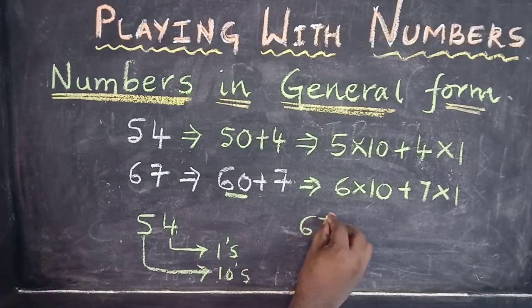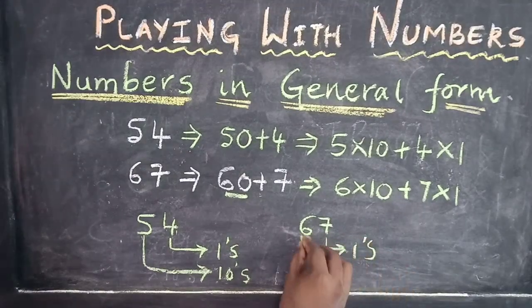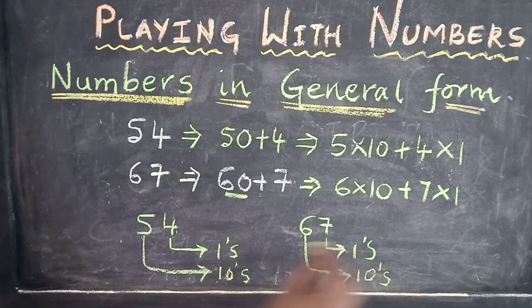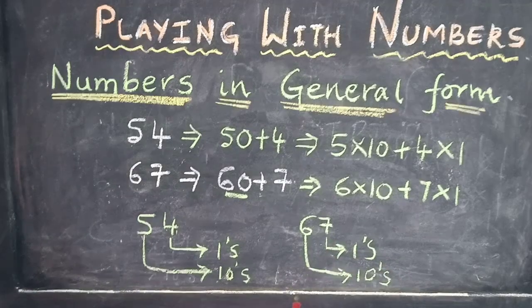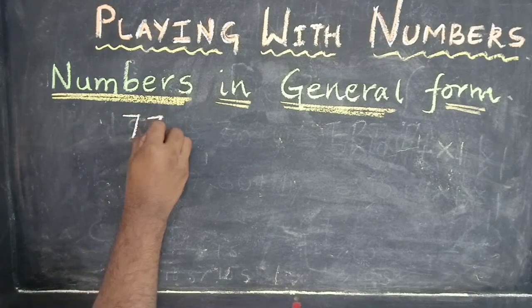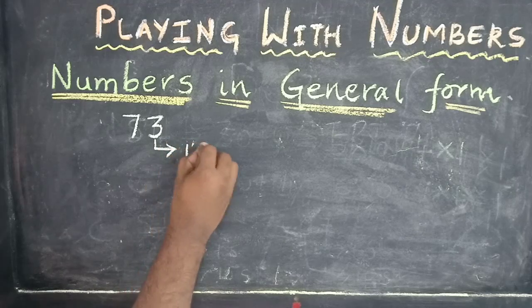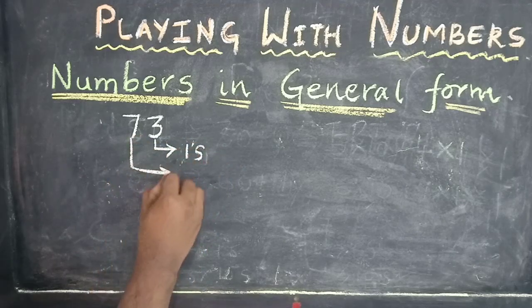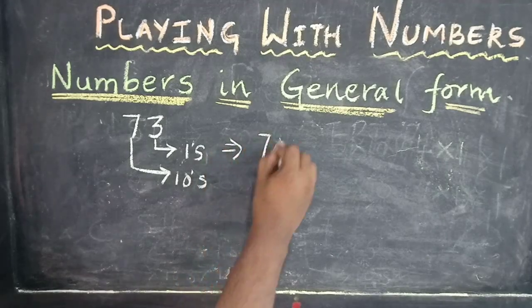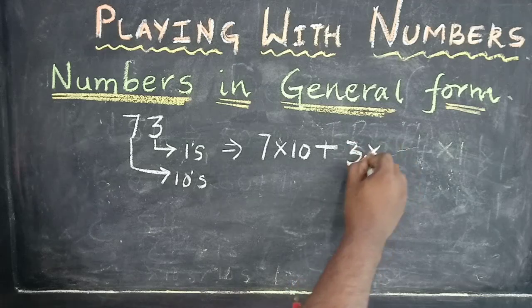In 67 it is 7 times ones and 6 times tens. Third example, 73: 3 times ones and 7 times tens. So I can write it as 7 times 10 plus 3 times 1.